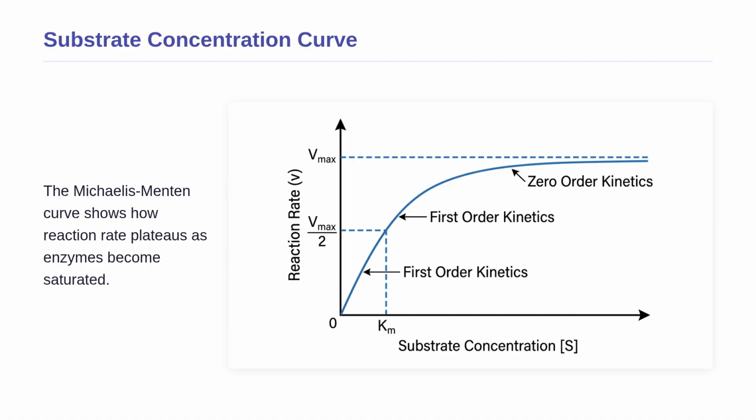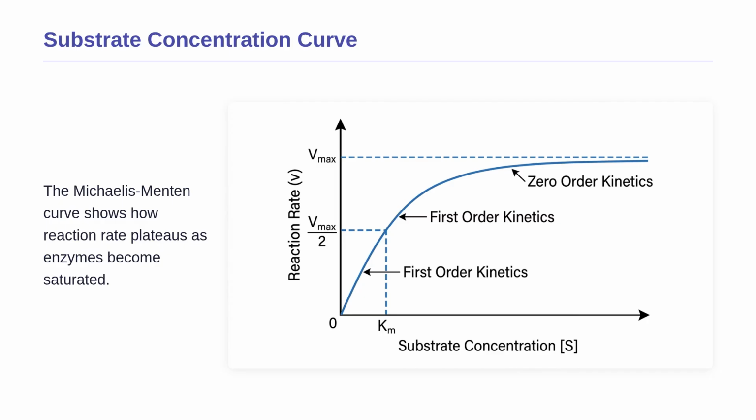Now that we have calculated these values, let us visualize the Michaelis-Menten equation on a graph. The horizontal axis is substrate concentration, and the vertical axis is the reaction rate. Notice how the blue curve rises steeply at first. This is where adding more substrate drastically speeds up the reaction.